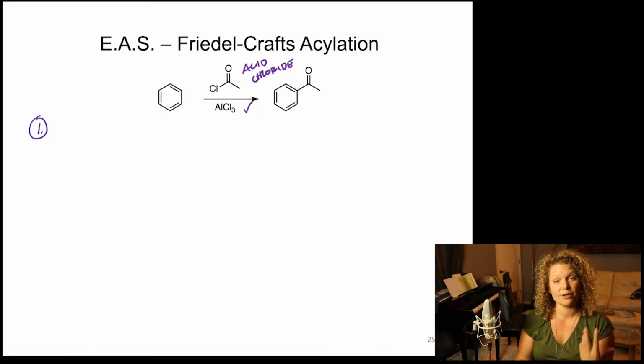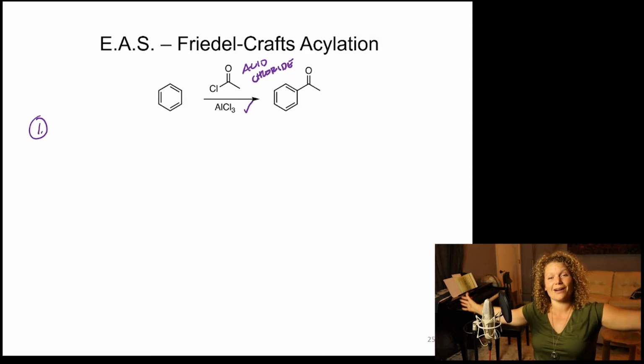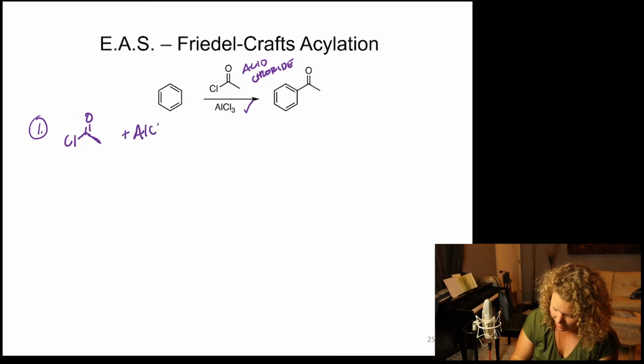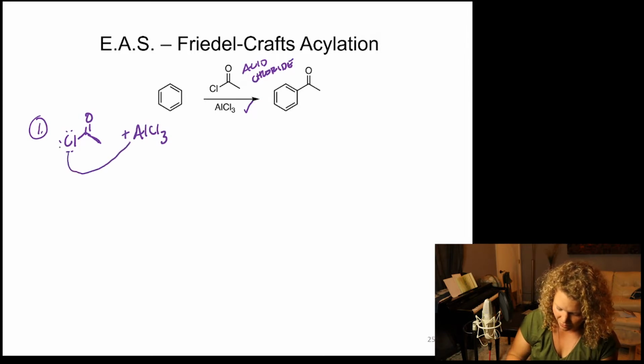Again, the first step for EAS reactions is to make our electrophile. So here we have our acid chloride. We're going to add aluminum trichloride. One of the lone pairs from the chlorine will interact with this Lewis acid.